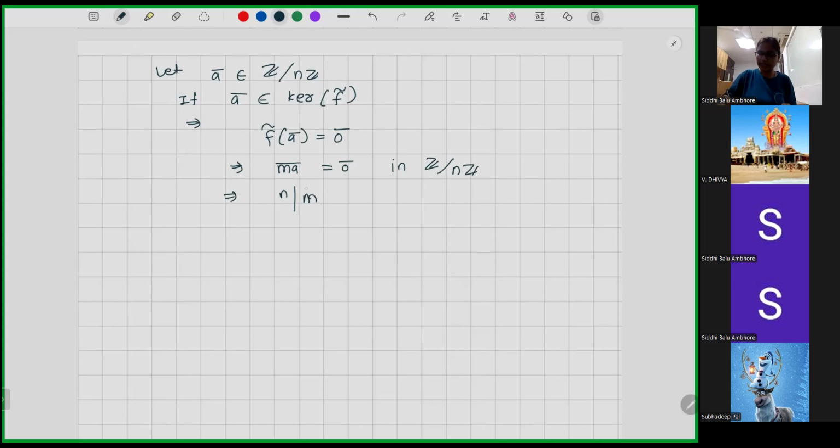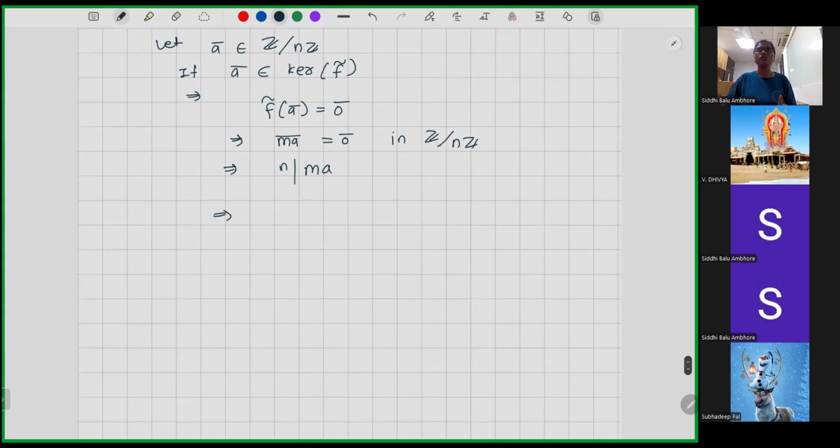Yes, exactly. But can we explicitly give an expression for what that element is? So we are trying to find that. So what does this mean? That MA is some NQ for some Q in Z. This is just the definition I'm following of integers and congruence classes.